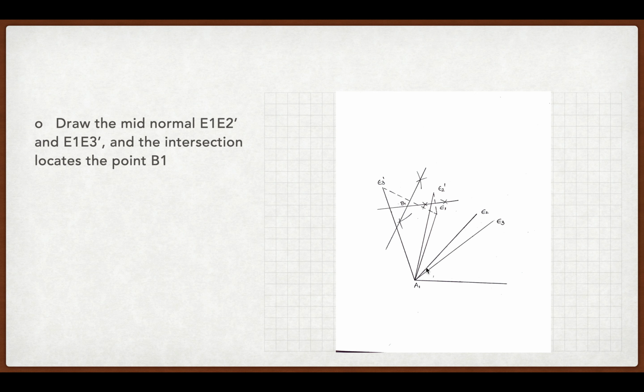The next step is to find the mid-normals for the points E1E2' and E1E3'. A mid-normal is a perpendicular bisector of the line joining the 2 points. Upon extending the perpendicular bisectors, we find that they intersect at a point. Now we have to name this point as B1.